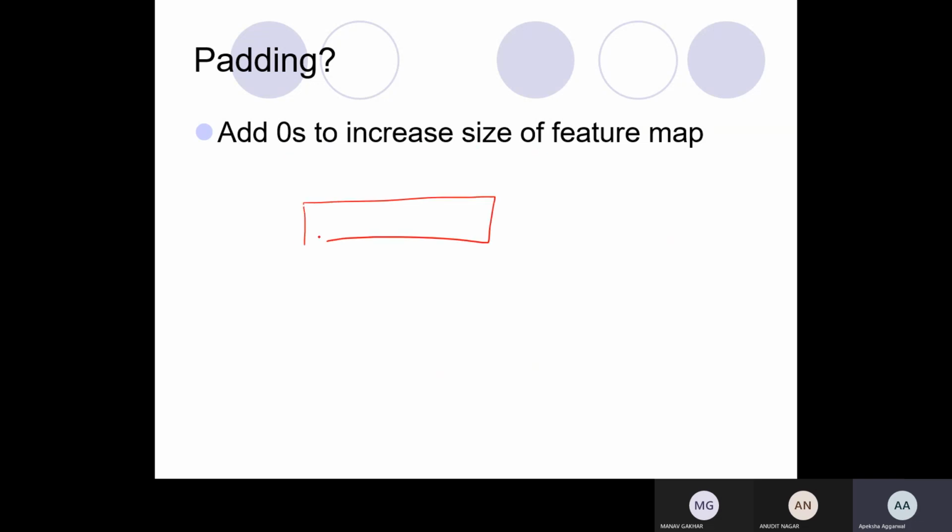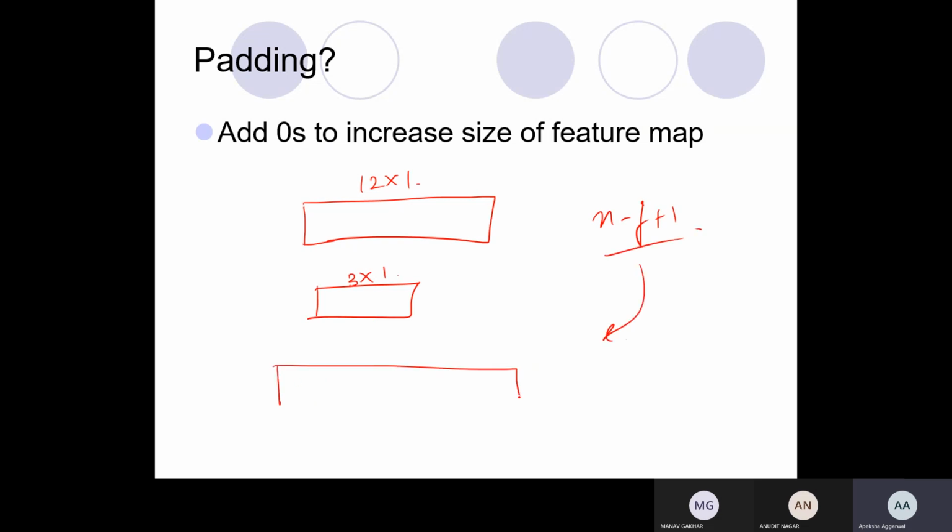Now if it was a 12 cross 1 input image and the filter was 3 cross 1, the output would be n minus f plus 1, that is 12 minus 3 plus 1, which is 10. So the output would be 10 cross 1. What if I pad it with 0s? If p is equal to 1, I pad a 0 on this side as well as a 0 on the other side, so two paddings are done simultaneously.